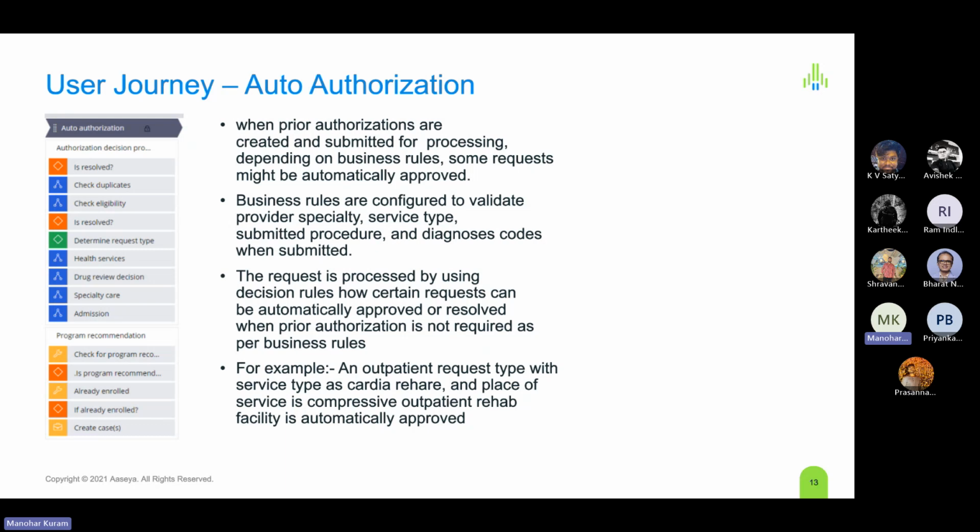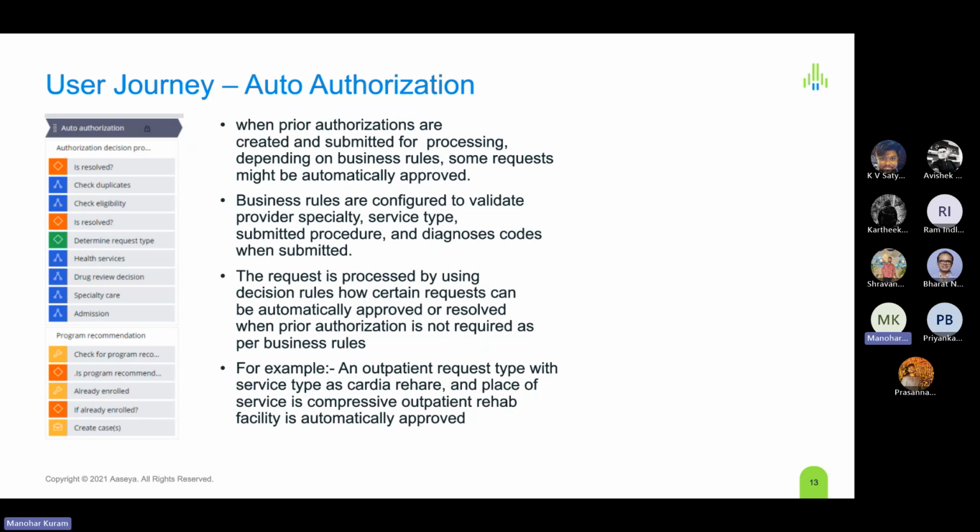When prior authorizations are created and submitted for processing, depending upon business rules, some requests might be automatically approved. Business rules are configured to validate provider specialty, service type, submitted procedure, and diagnosis codes.